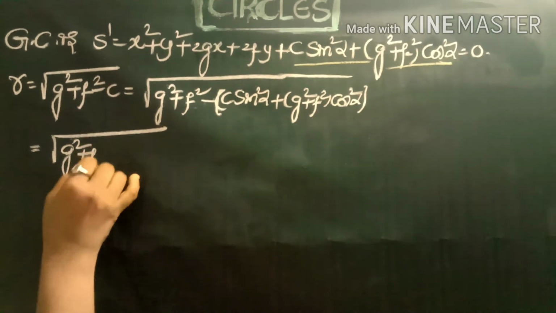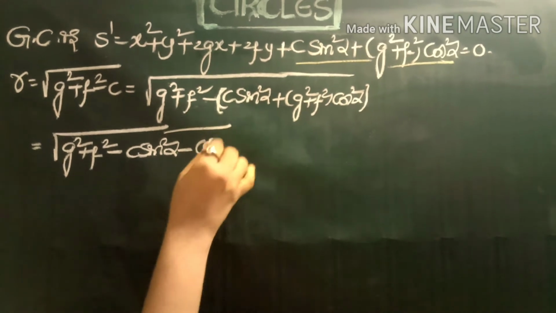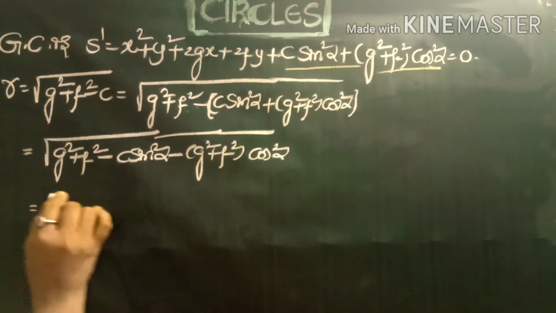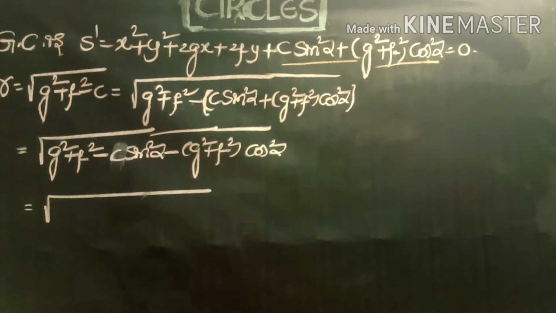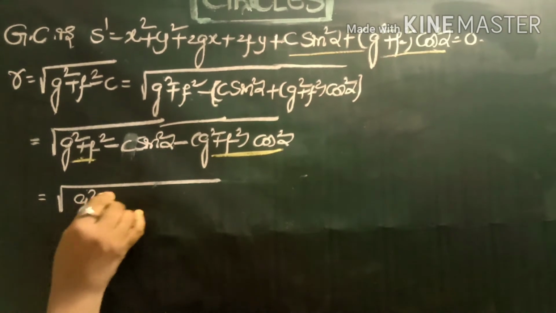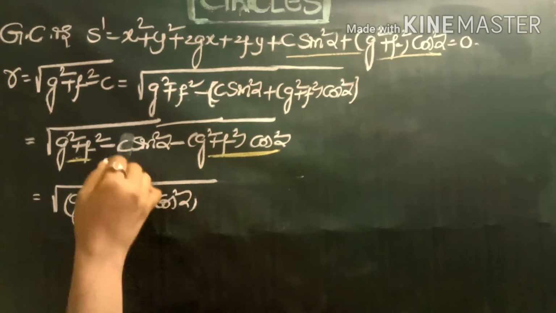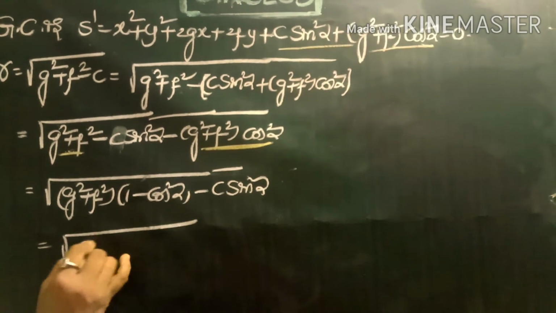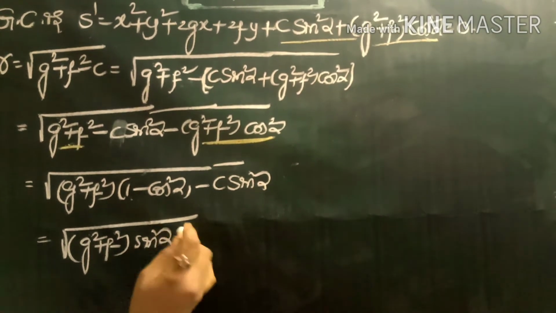So r = √(g² + f² − c sin²α − (g² + f²) cos²α). Taking g² + f² common from the terms, we get (g² + f²)(1 − cos²α) − c sin²α. Here 1 − cos²α is nothing but sin²α.